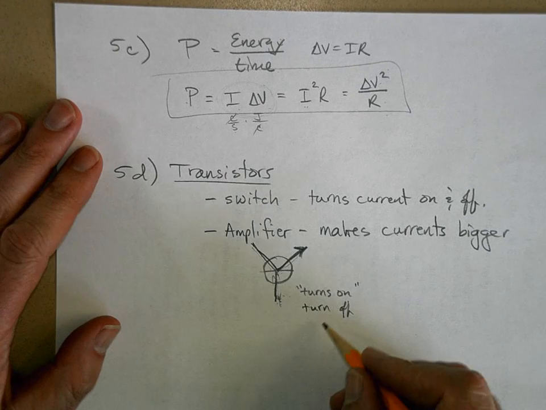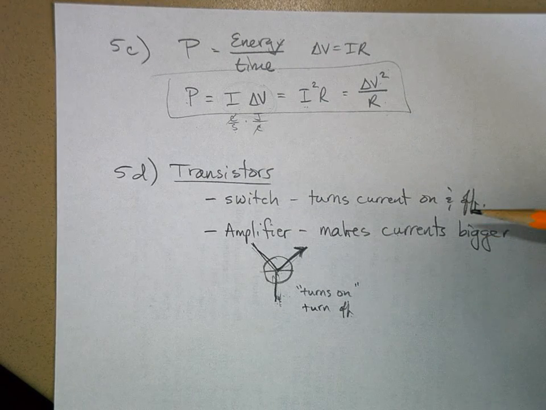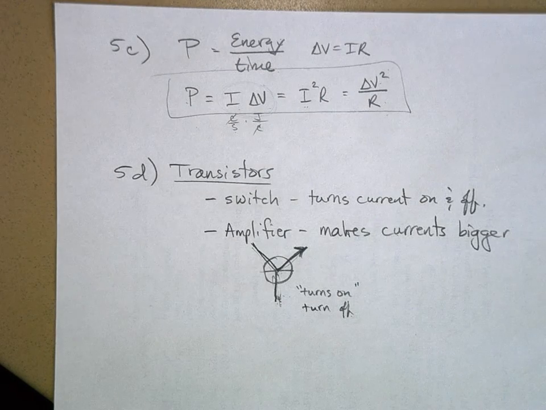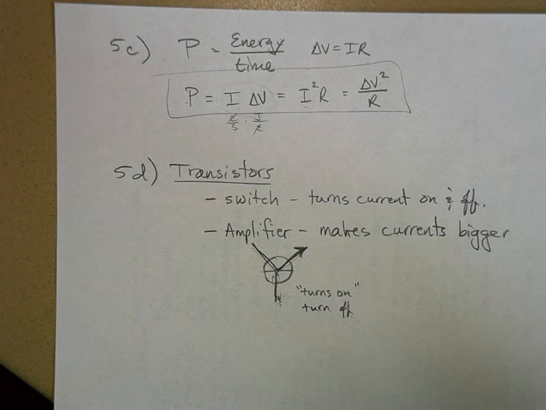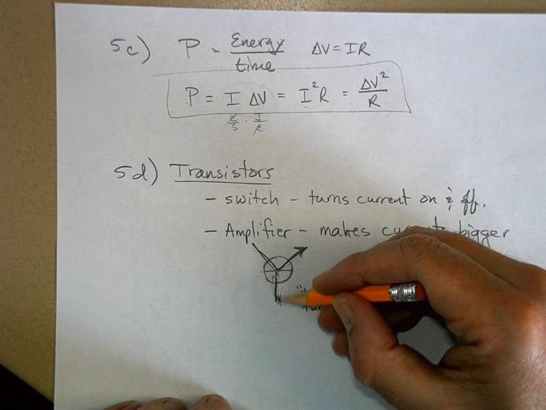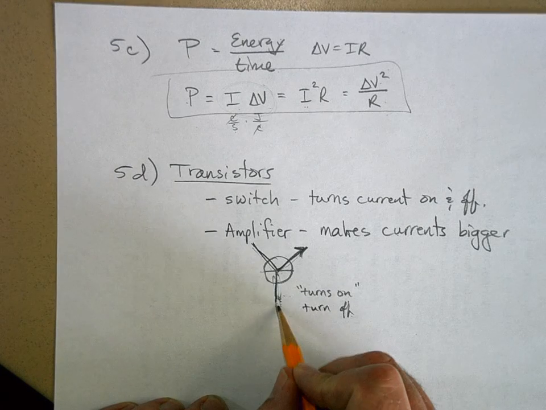Now, if you turn this on, here's how it works. You've heard of a transistor radio, right? Well, it has an antenna in it, and what an antenna does is absorb a little tiny bit of energy that's in radio waves. The radio wave interacts with the antenna and makes a little tiny current flow back and forth inside your antenna. You hook up the transistor to your antenna, so you have a little tiny current flowing through here.